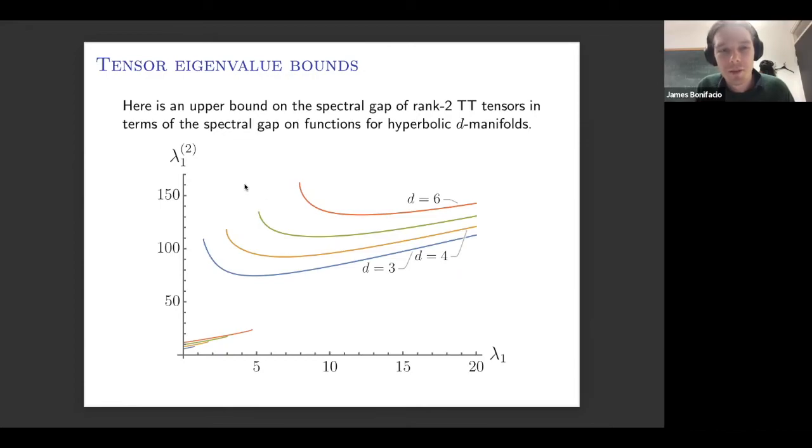So this plot shows these lines are upper bounds on the spectral gap of transverse traceless rank 2 tensors on a hyperbolic D manifold for D equals 3 to 6, corresponding to these different colors, as a function of the spectral gap on functions. And this is some kind of unusual shape. There's a finite bound except for this small interval down here. But that's just to show you the things you can do.